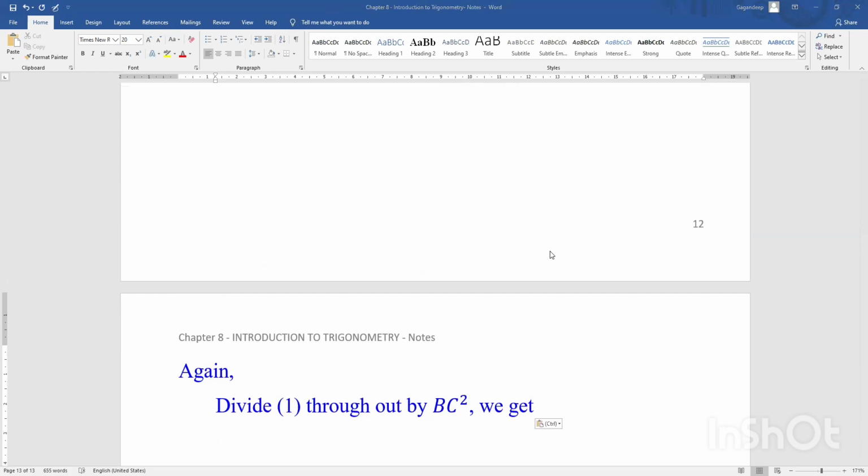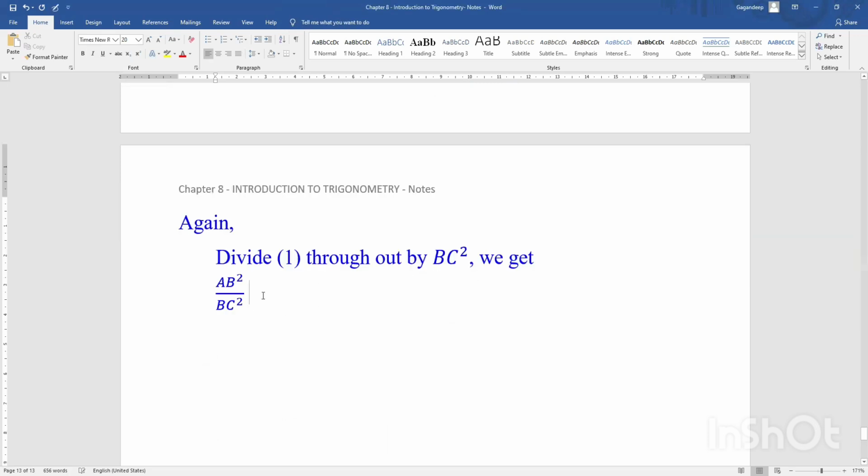So this time I get AB square by BC square, and then BC square by BC square, which is equal to AC square by BC square. Then I can write AB square by BC square as AB by BC the whole square.